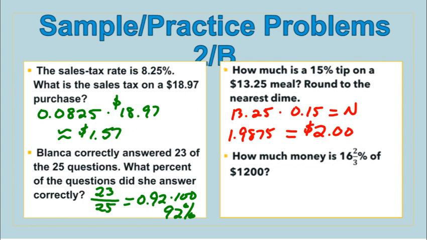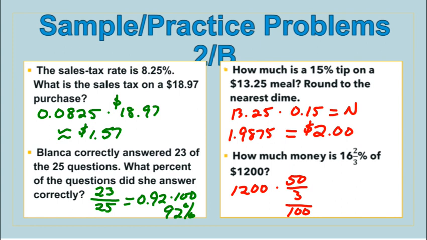How much money is 16 2/3% of 1,200? Okay, so I have 1,200 times 16 2/3%. 16 2/3% would be taking 50 over 3, because that's 16 2/3, and then we have to divide this all over 100.